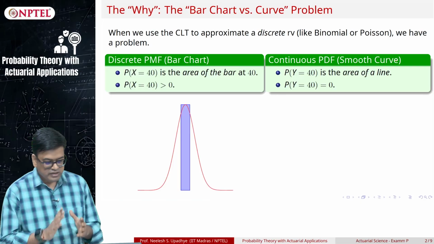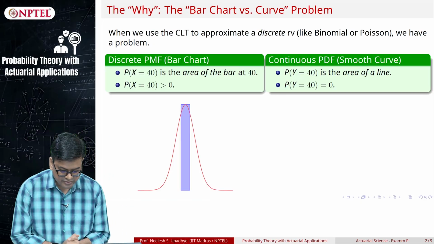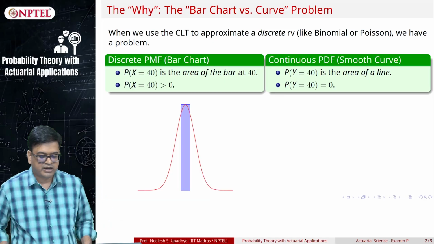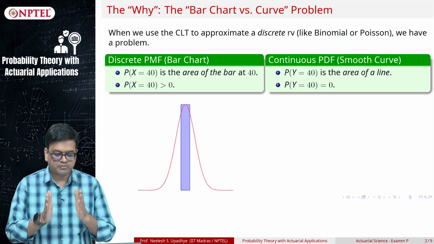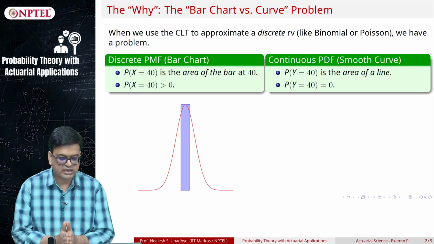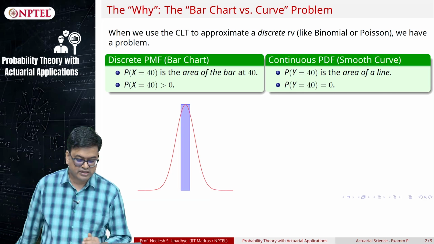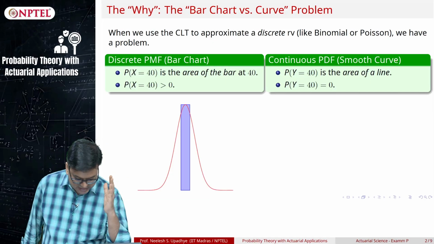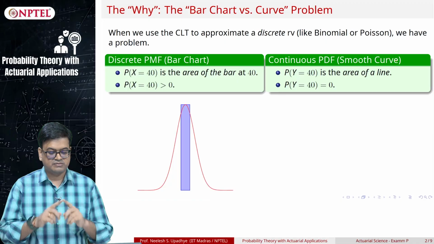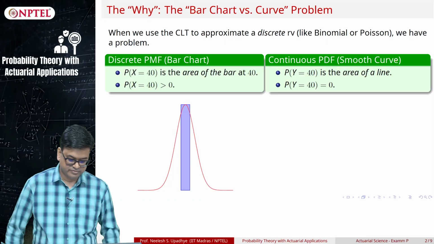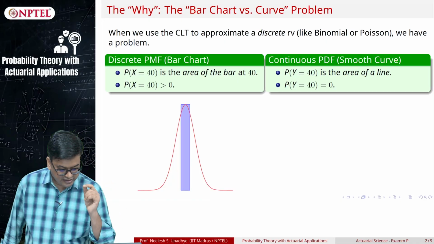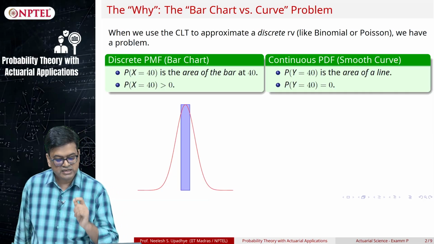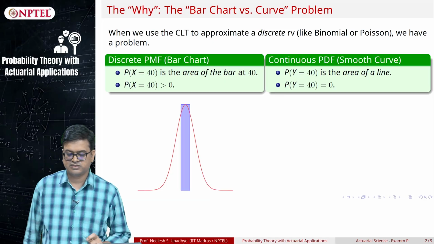Here is the brief intro: if we have a discrete random variable, you have a specific probability mass associated with that point. That is what you are looking at on the left hand side, where x is equal to 40 has some area under that bar. The probability of x equal to 40 is strictly greater than 0.